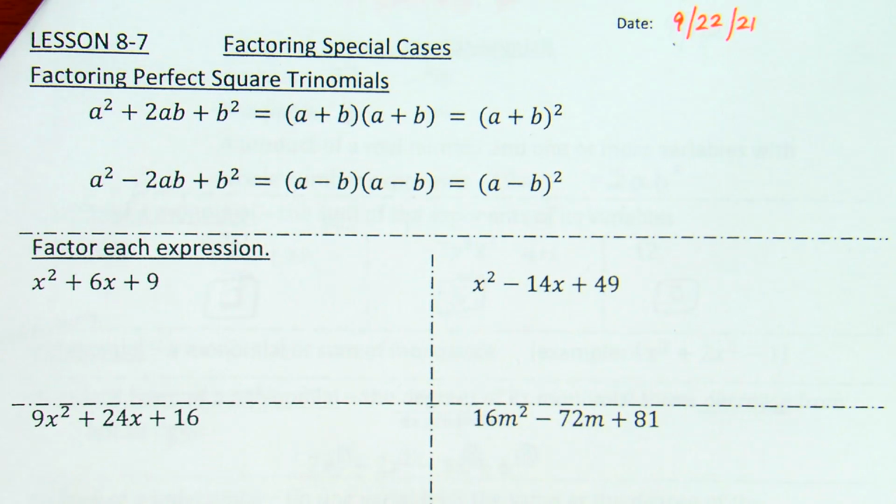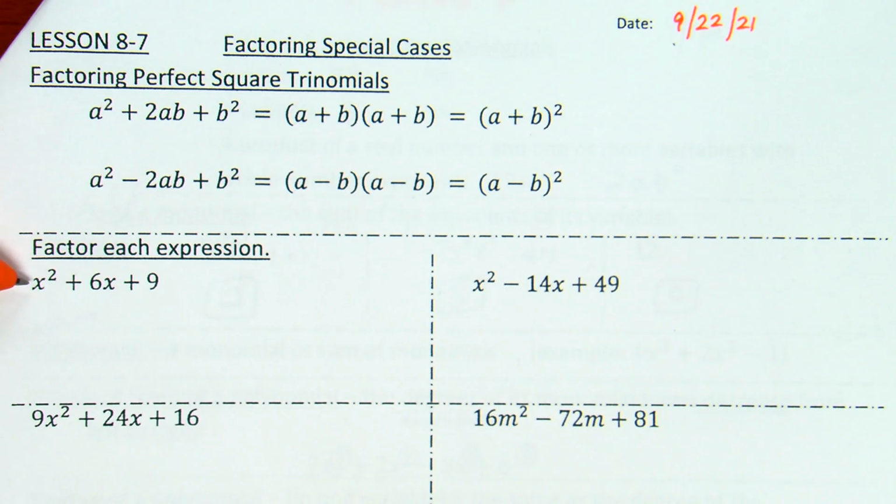Now, as we look at x squared plus 6x plus 9, let's go back to what we learned back in 8.5. That was when we factored the type that have nothing in front of the x squared, just a 1x squared.